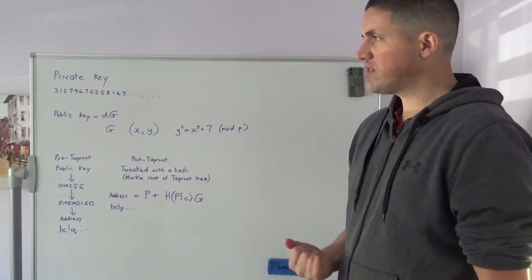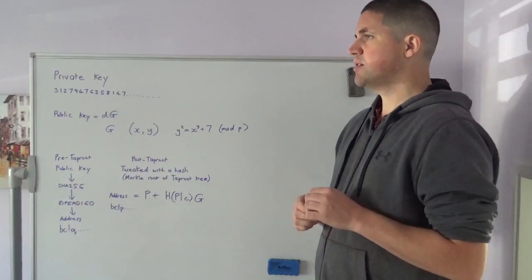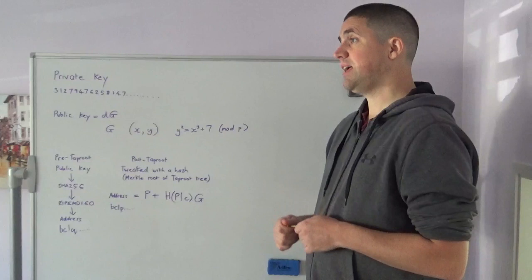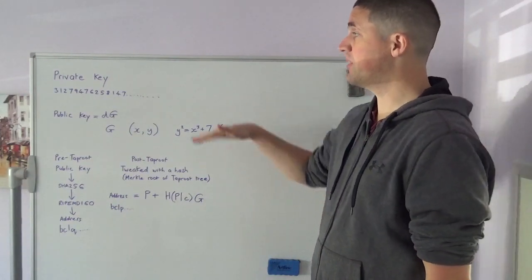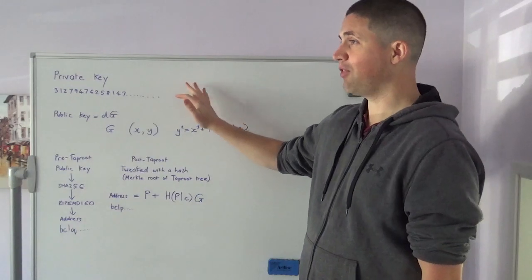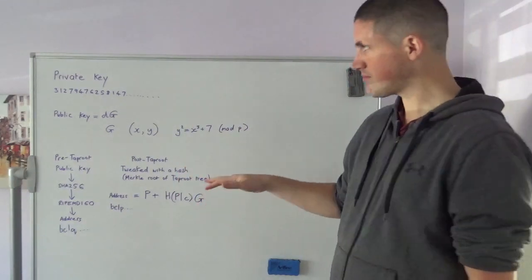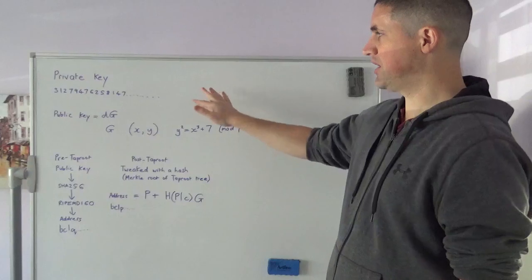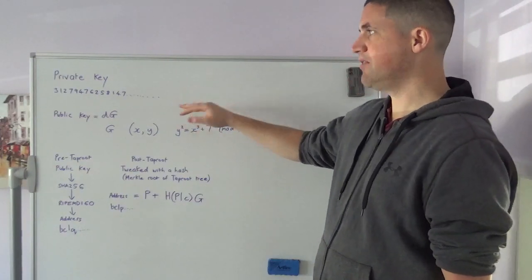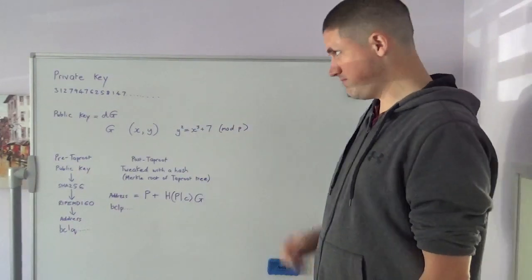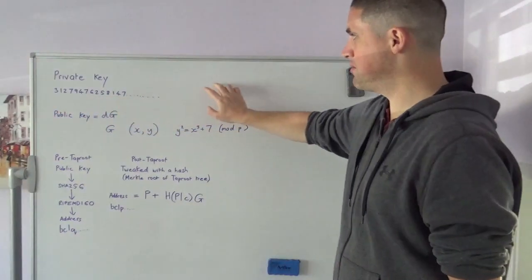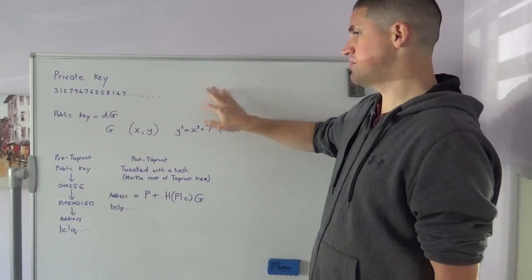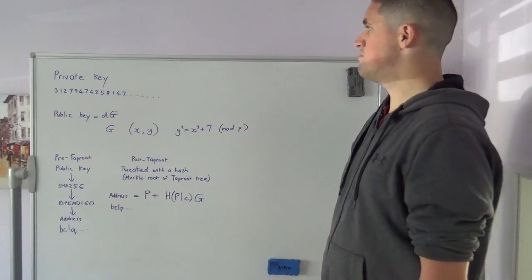In the world of bits, we don't construct the lock and the key at the same time, but we have a process to work out what the lock is from the key. So in, say, a Bitcoin case, the private key is just a very, very large random number, very, very long, which is impossible to guess.